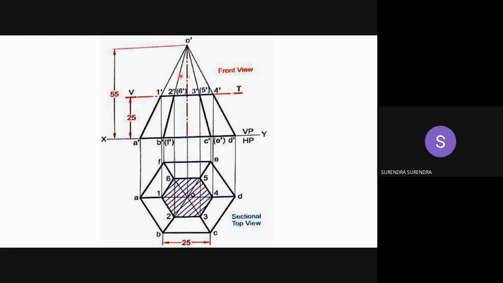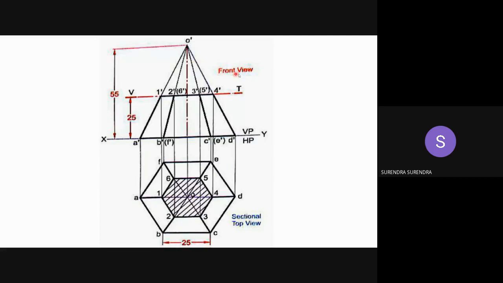Observe here, as we are cutting the pyramid at this position and removing the upper part, it is represented with 2H and the bottom part is highlighted with HB. See the difference. You must show this difference clearly. Similarly, in top view, draw the hatching with HB, but the lines we are eliminating, the lines joining 1O, 2O, 3O, 4O, 5O, 6O, we must represent with 2H.